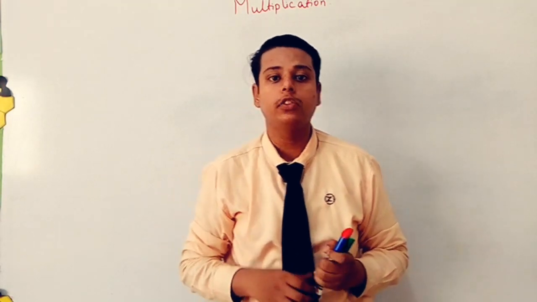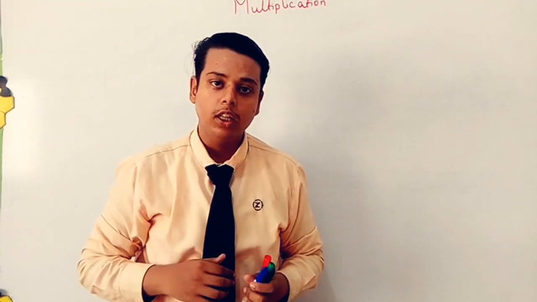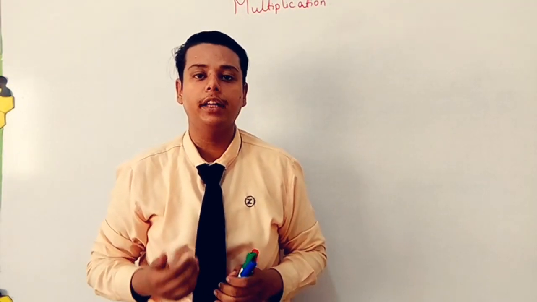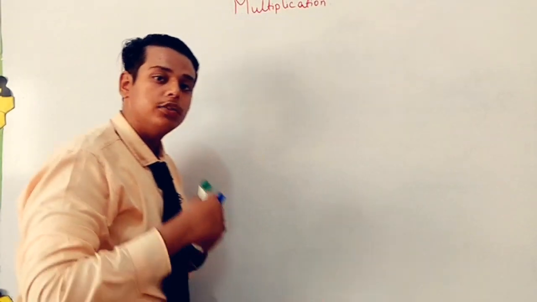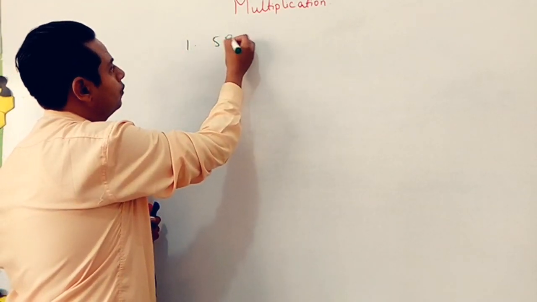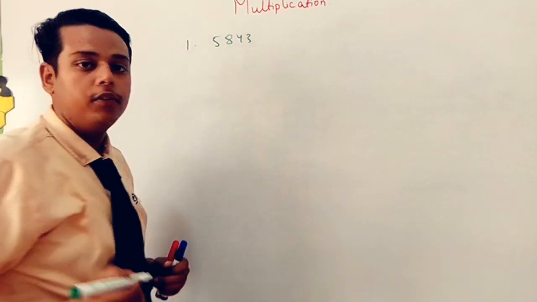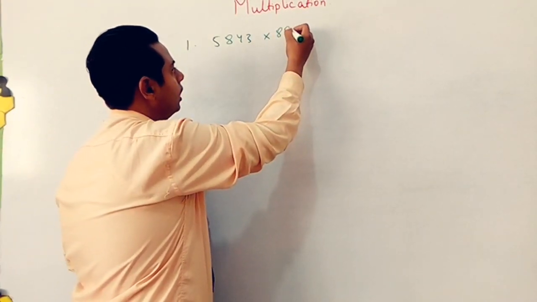Before going on to 3-digit numbers, first of all, we will review how we can multiply any number with a 2-digit number. First of all, the question we are having is 5843, and we have to multiply this number with 89.